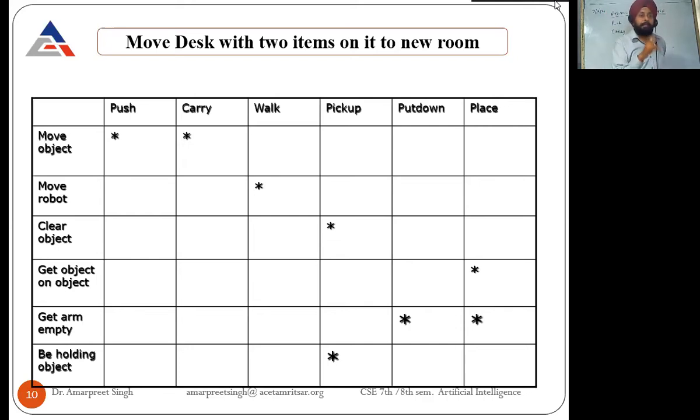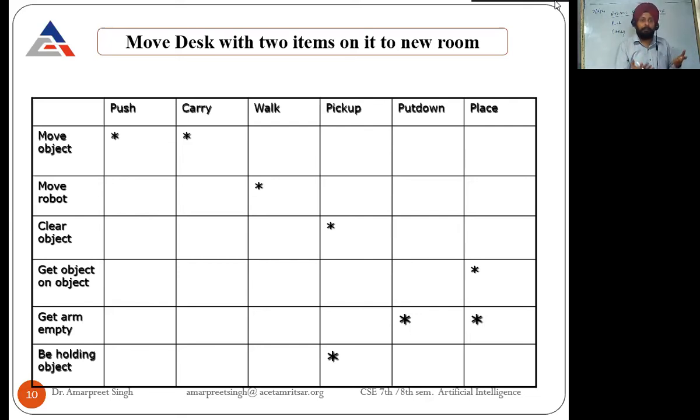But there are preconditions. How can these operators be applied? Push can be applied if this is the condition. Carry can be done if this is the precondition. You can pick something only if your arm is empty.